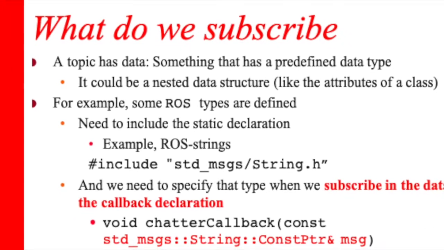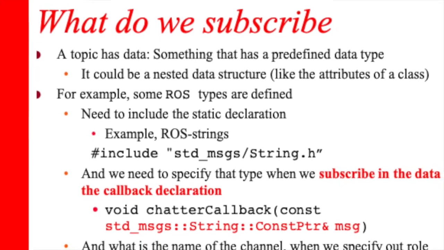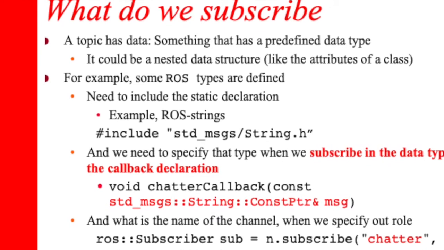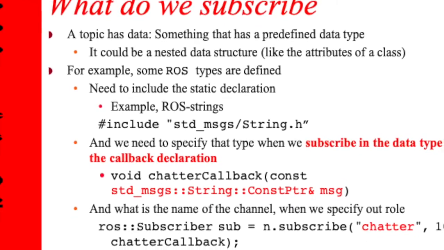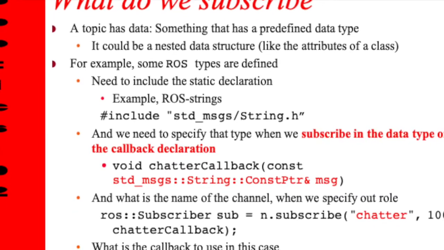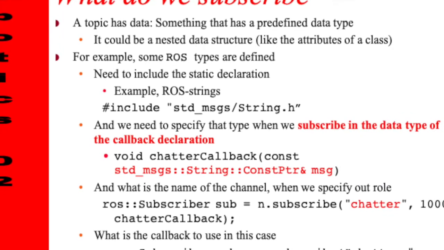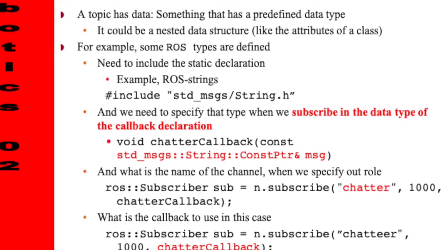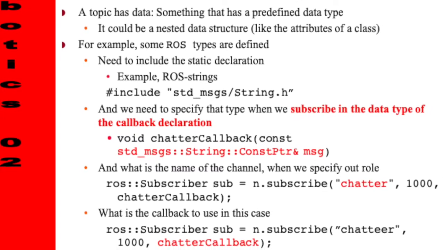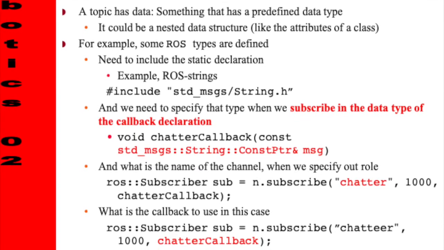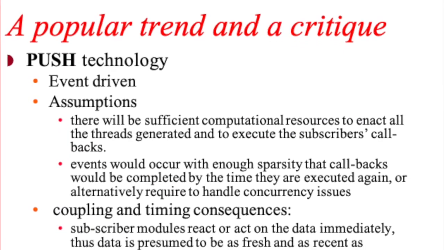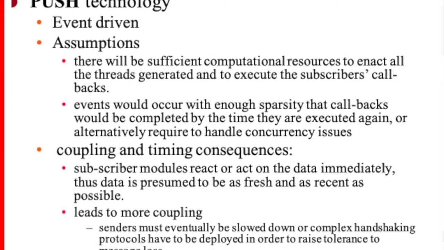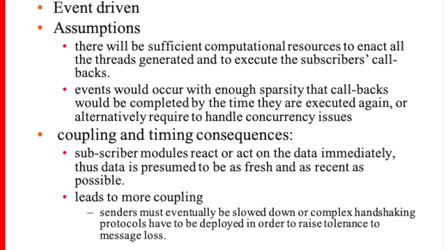That data type is used as the argument of our callback for defining the type of the message, and constructing a subscriber needs to identify the name of the channel and also which is the callback to enact when messages are received in that channel. ROS is a particular example of push technology, and in the lecture we contrasted that technology with other alternatives.